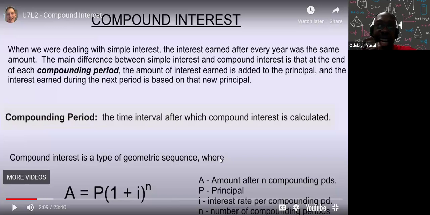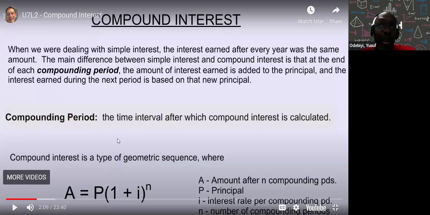And then that interest that's divided by 12 would be applied to the principal, okay? And then after the month, you'll have a new principal. So when you apply the interest for the next month, it's going to be based on a higher principal because you're adding the interest to the previous month, because we're saying it's compounded monthly.